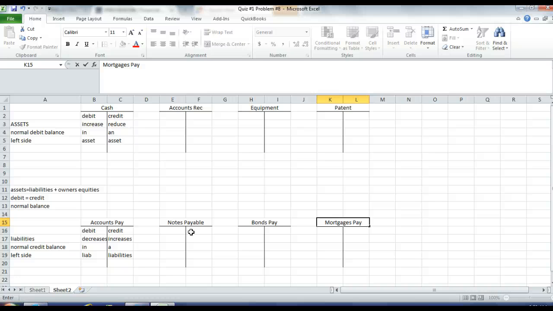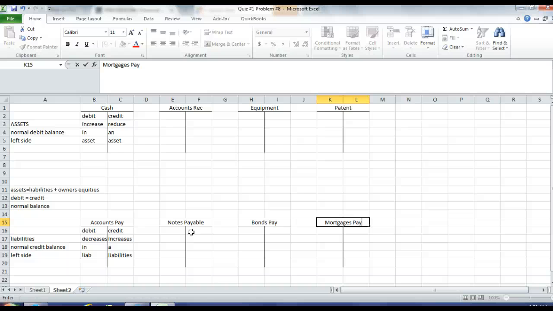And so with a liability, you're going to credit it, which means enter the number on the right-hand side for a normal balance. And then to reduce a liability, we're going to debit it.